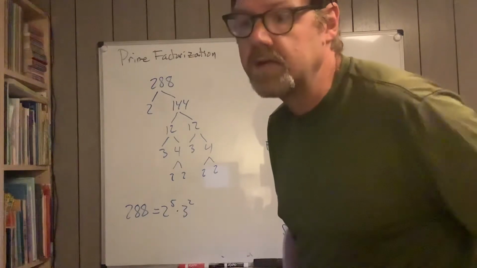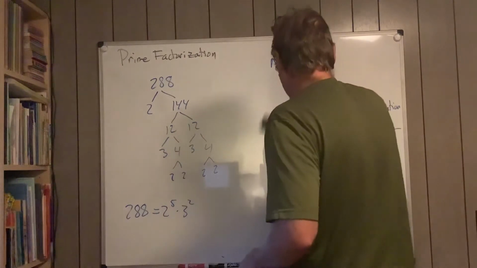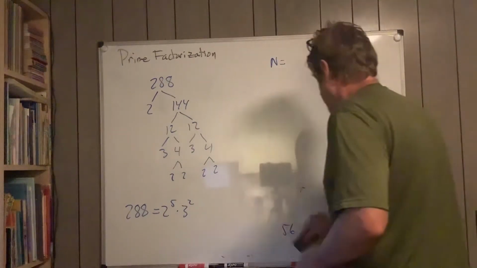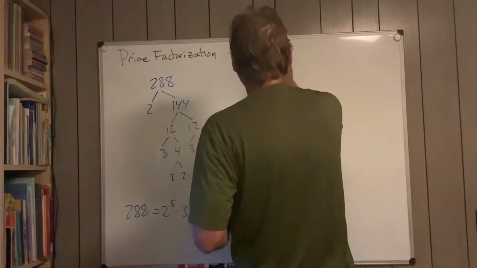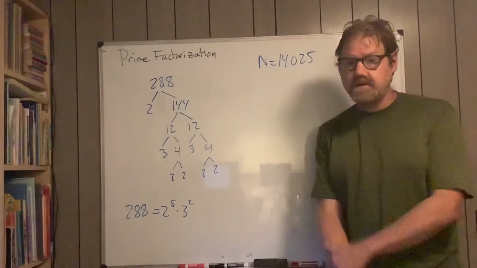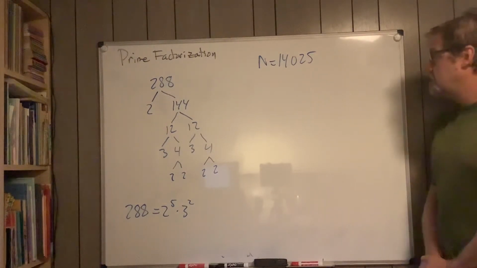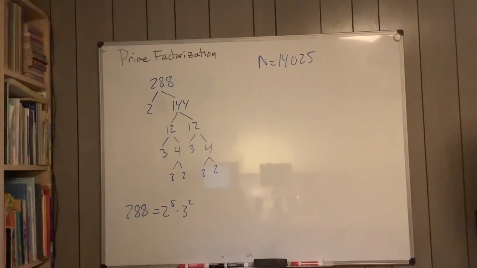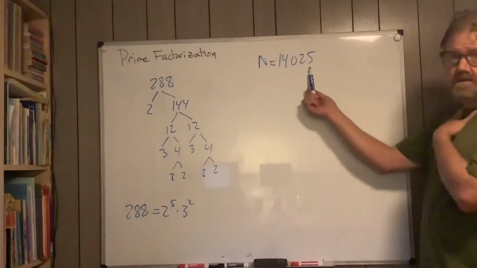All right. Now let me grab a little bit bigger one. I'm going to say 14,025 and write it as a prime factorization. Okay, well, with this, some of the mental math may be a little tough, but you should recognize it's a multiple of 5.